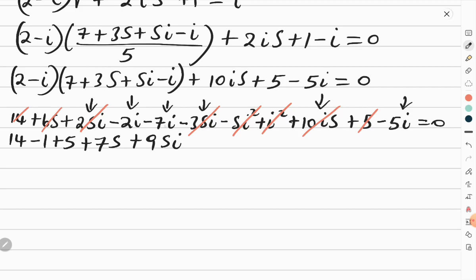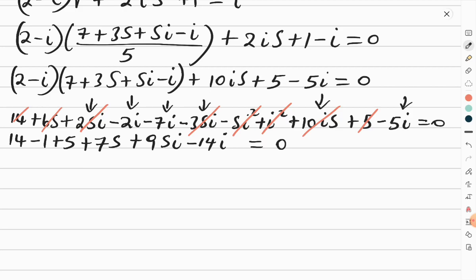So we have 7 minus 5, that's going to be 2... no wait, let's check: this is just 14, right? So we have minus 14i over there. This is equal to 0. Okay, so we have this.